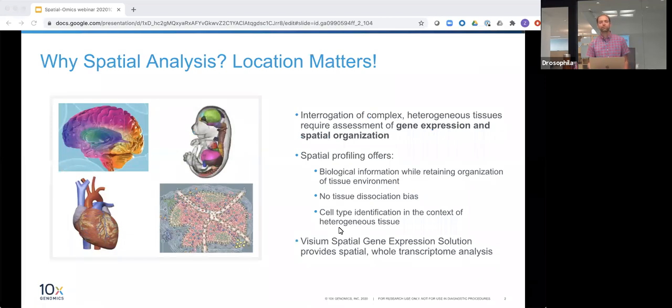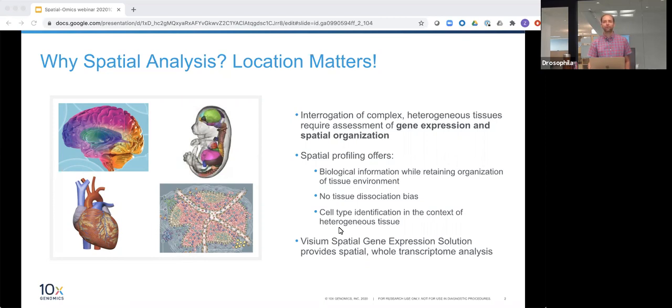So I probably don't have to explain to this group why spatial analysis is important, but it's because location matters. Really what we're looking at here is gene expression and spatial organization together, rather than doing dissociation and doing single cell. So spatial profiling offers some significant improvements there.